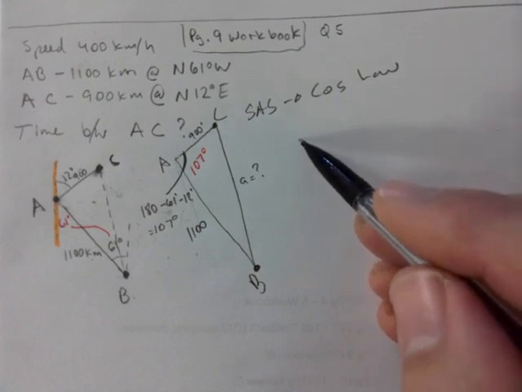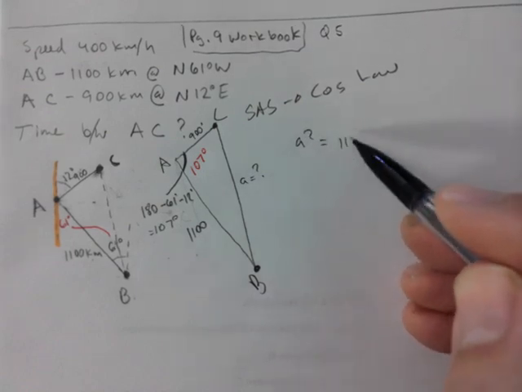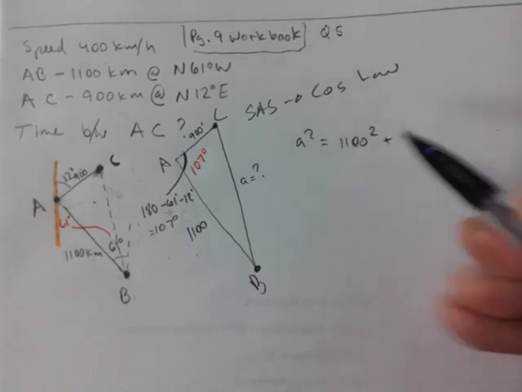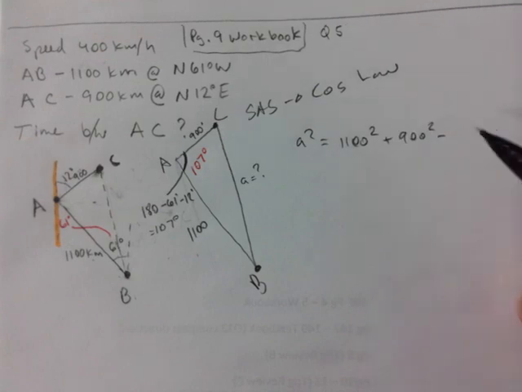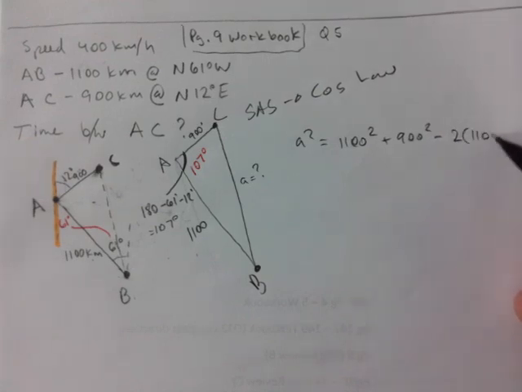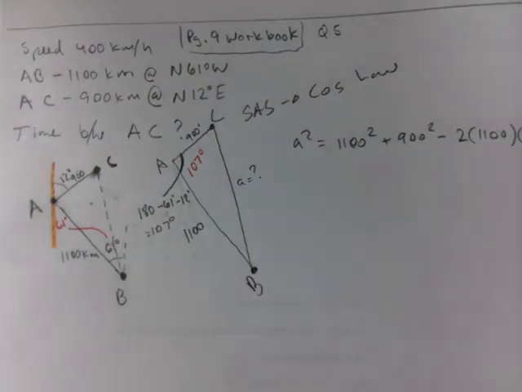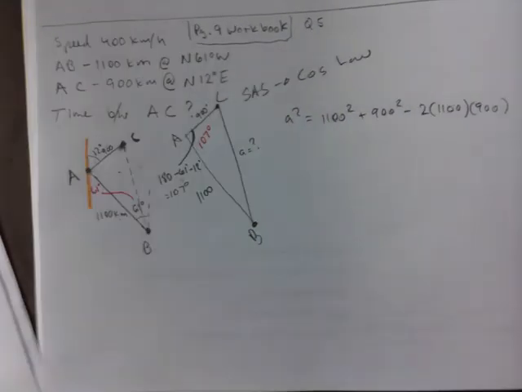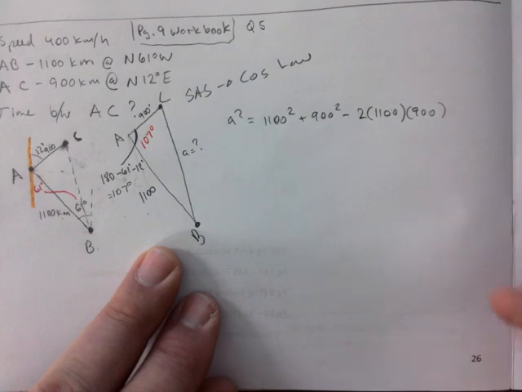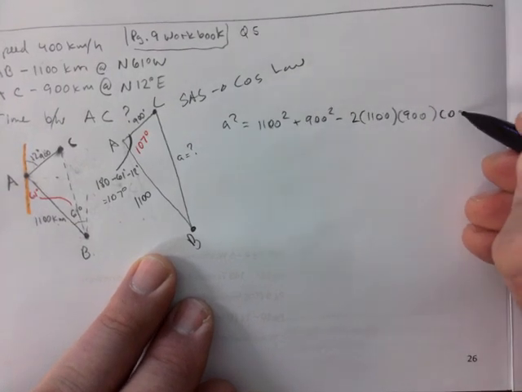So we go A squared is equal to 1100 squared plus 900 squared minus 2 times, and you know the rest, right? The rest, I will zoom out a bit. Cosine of 107.